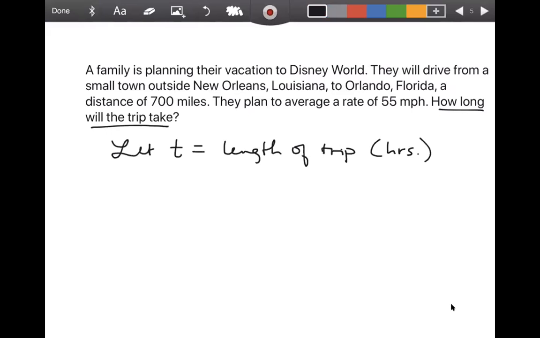I know that the answer is going to be in hours because we're given miles and we're also given miles per hour. And if you want to skip to the bottom and do Mitchell's second commandment, you could say the trip will take blank hours.